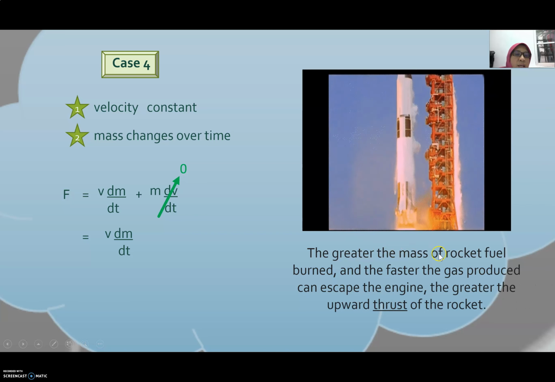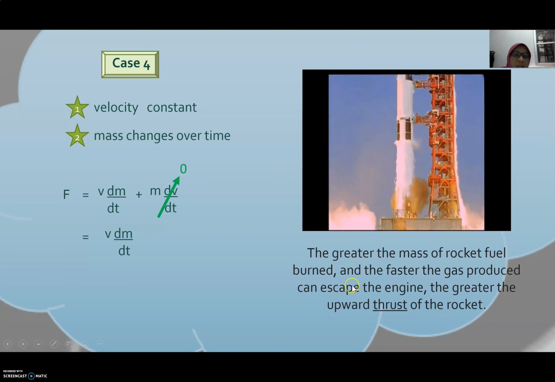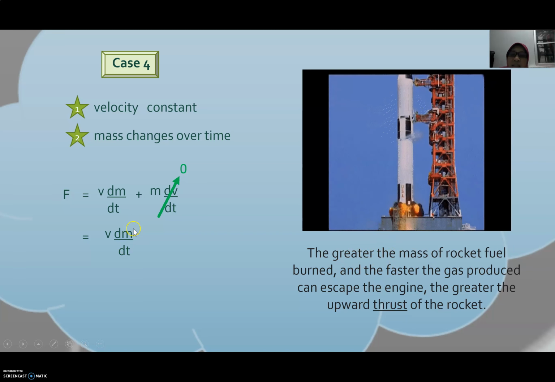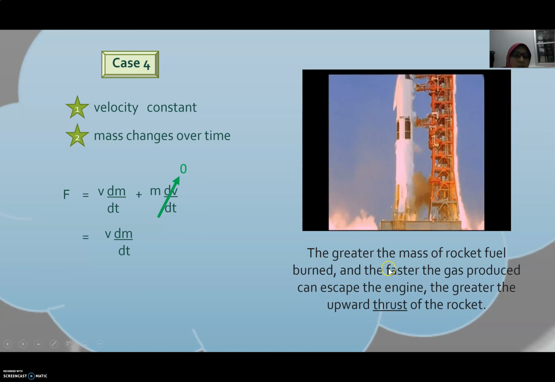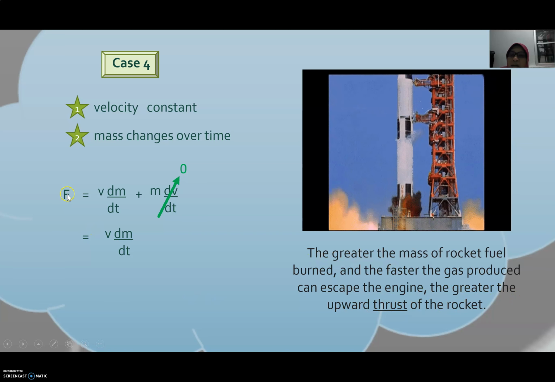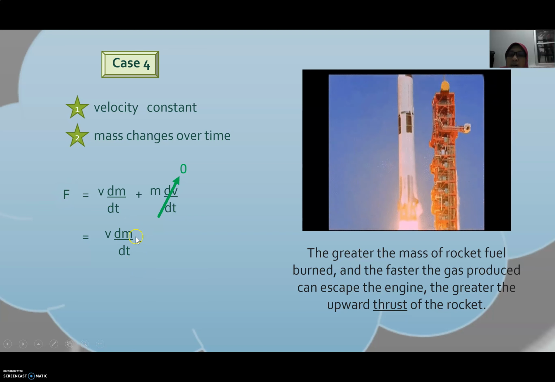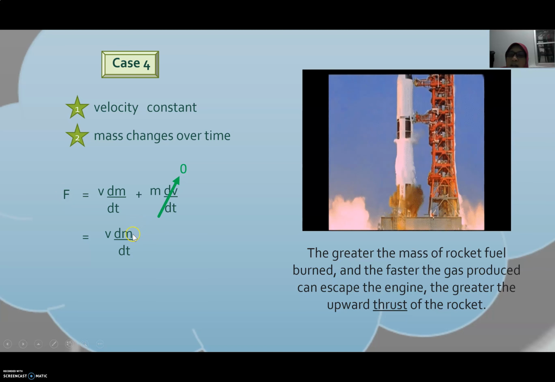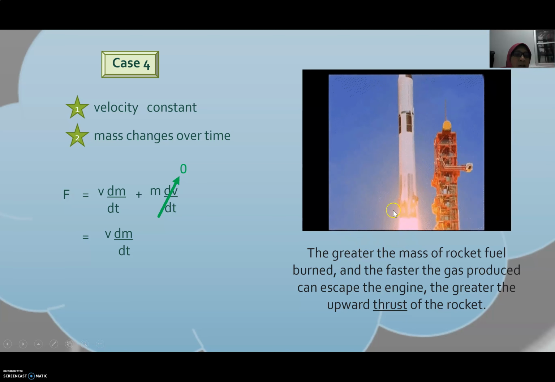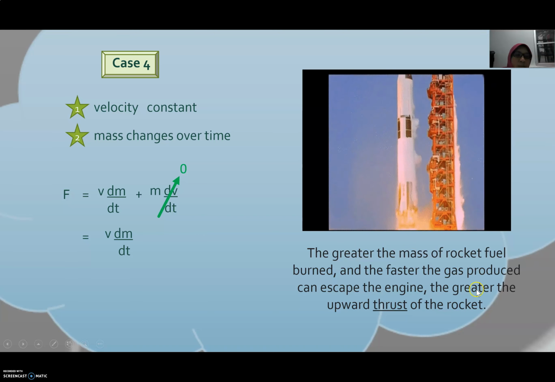The greater the mass of the rocket fuel burned, the faster the gas produced can escape the engine. This represents the mass changing with time. So the greater the upward thrust of the rocket, which represents the F here. The larger the rate of change of mass, the larger the force. In this example, the upward thrust of the rocket will be greater.